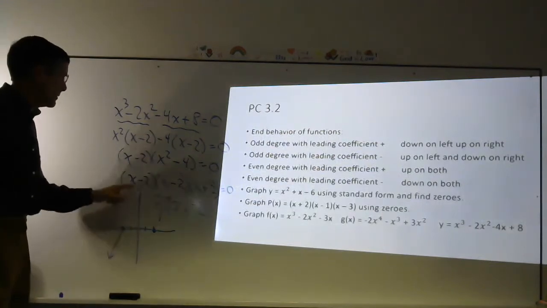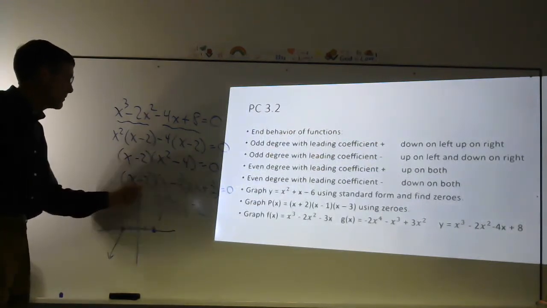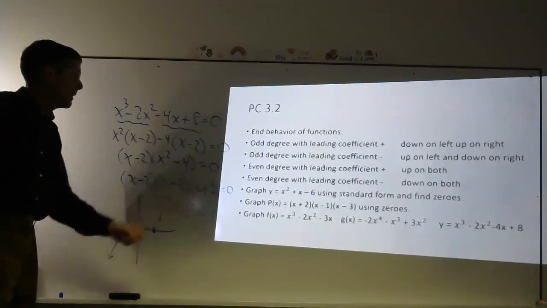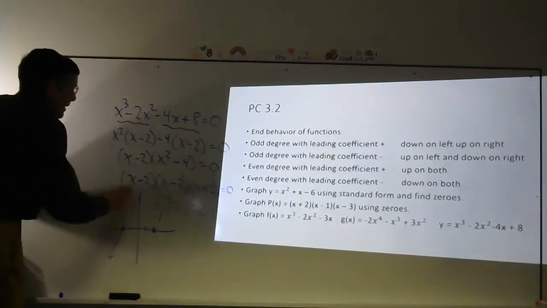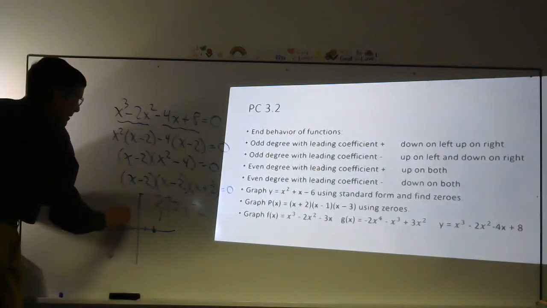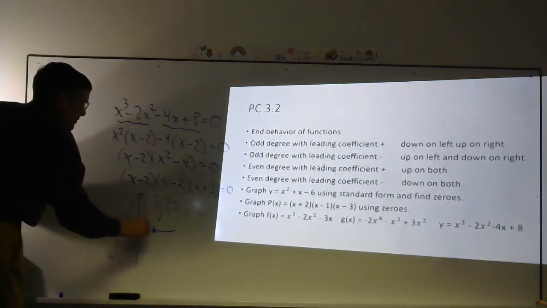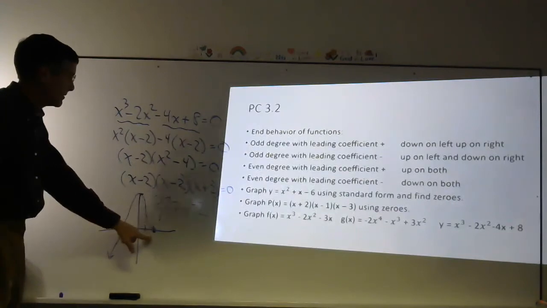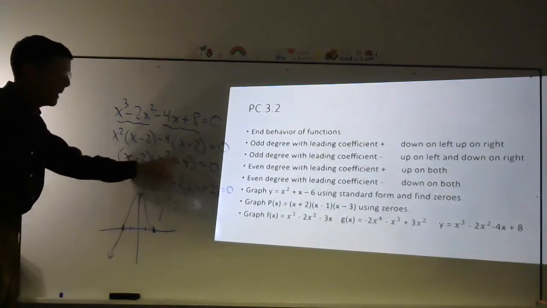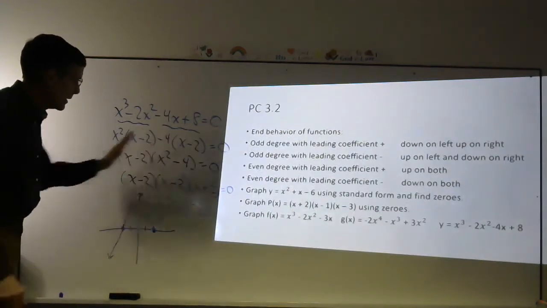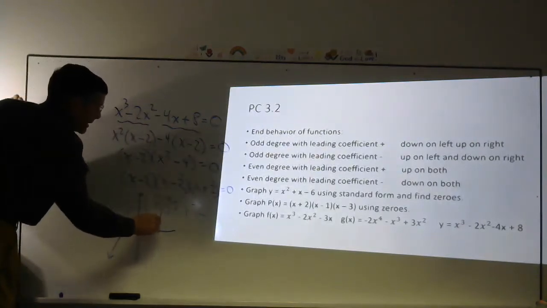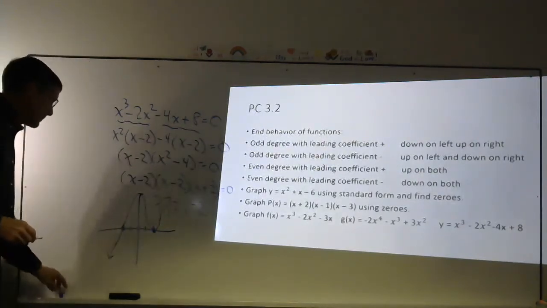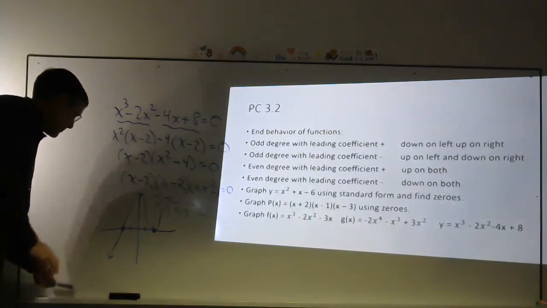Put 0 in. 0, 0, 0 is going to make negative times positive. That's a positive. And 0 in goes the whole way up to 8. So we know it's coming the whole way up to here. Now what happens when we get to positive 2? It has to go back up. We know it's going up on the right, so it has to bend and go back up like that. Okay?